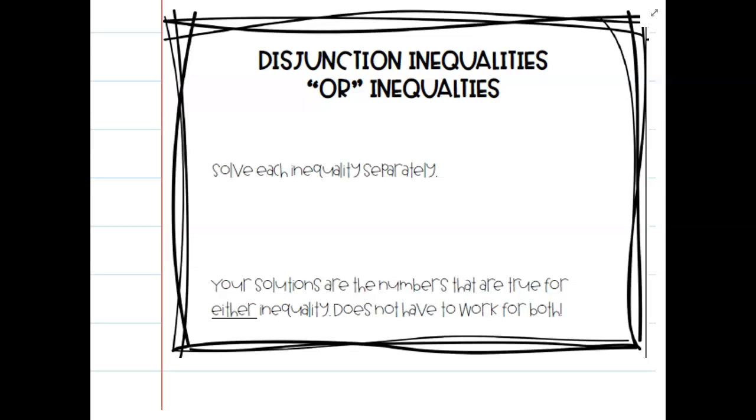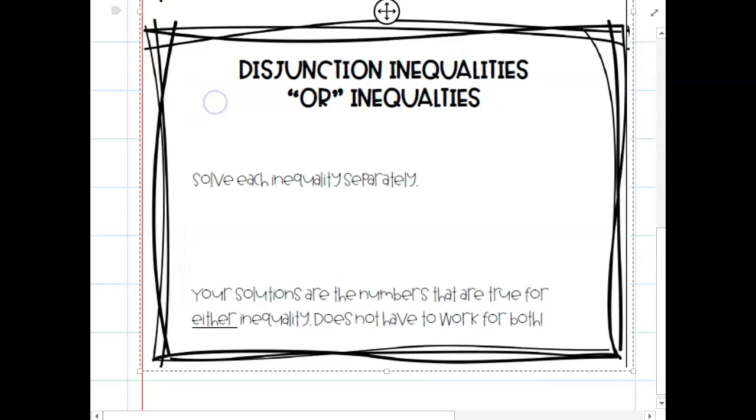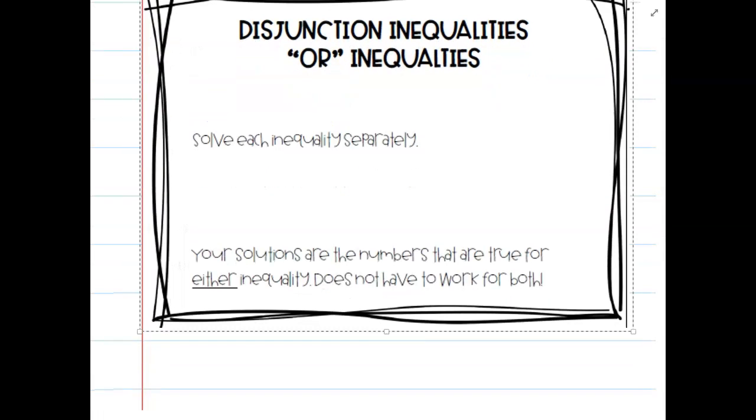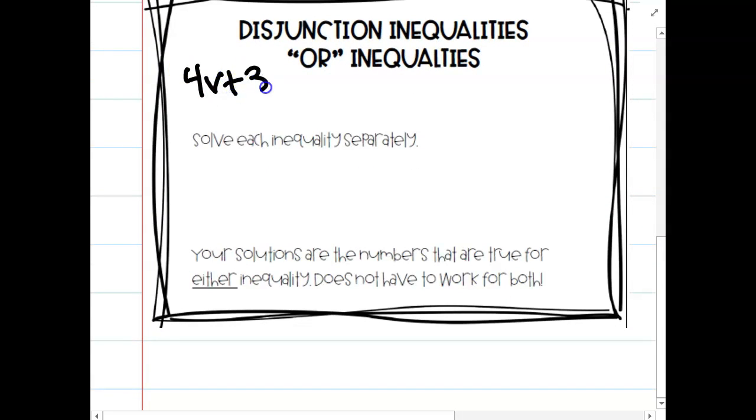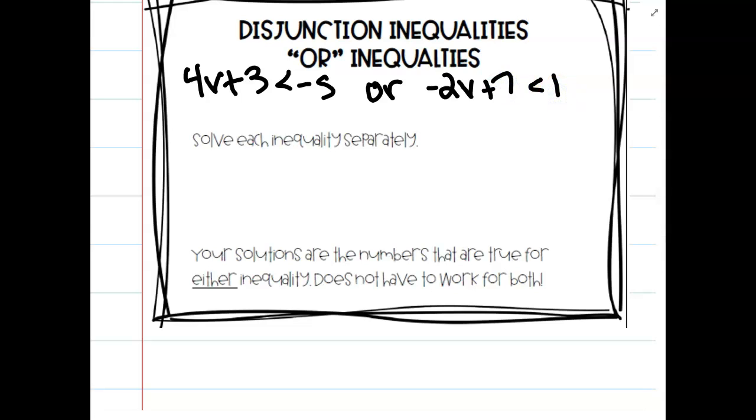So this one might look like 4v plus 3 is less than -5, or negative 2v plus 7 is less than 1.